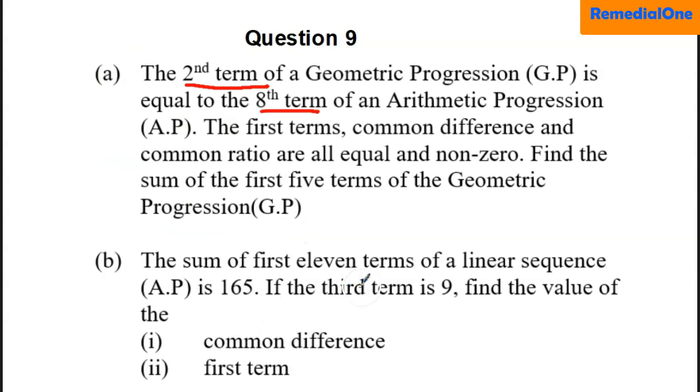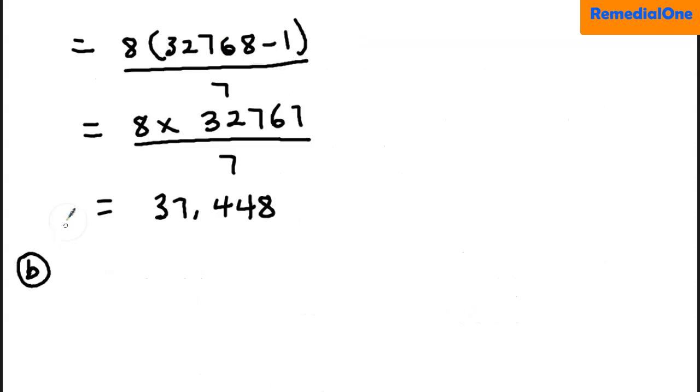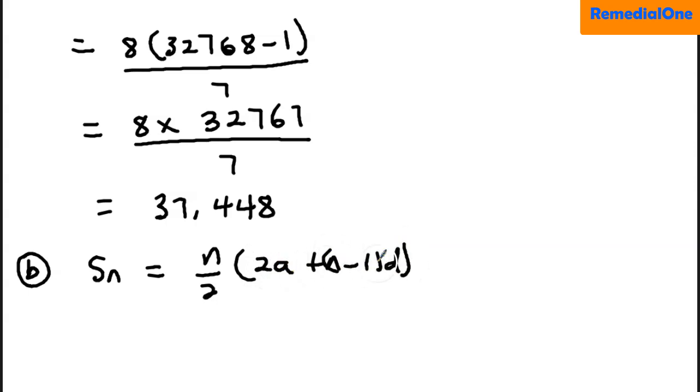The sum of the first 11 terms of a linear sequence is 165. If the third term is 9, find the values of the common difference and the first term. So the sum of an AP is given by n over 2 times (2A plus (n minus 1)D). And we were told that the sum of the first 11 terms, S11, is 165.